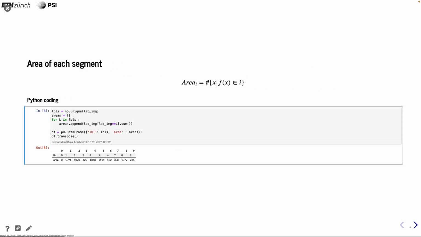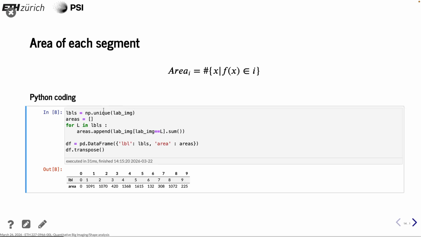And now that we have the labels, we can start computing the area of the objects, and that's a very simple operation, because you essentially just count the number of pixels with each label. In Python and NumPy, there is this unique function. Maybe I should zoom in a bit. This unique function looks through all the pixels and tells you how many unique values you have.